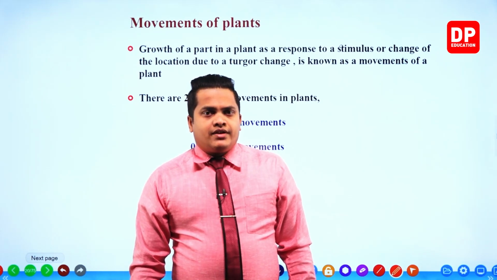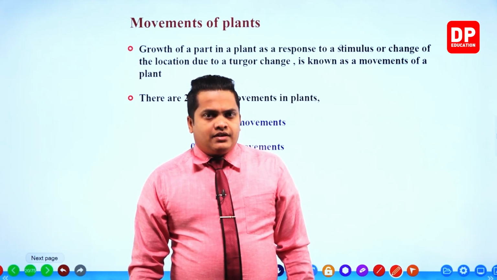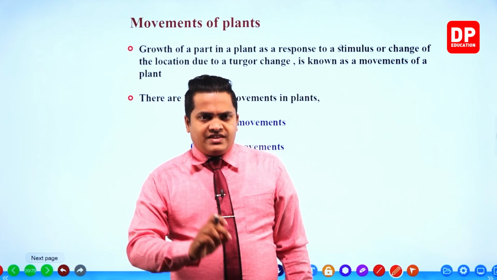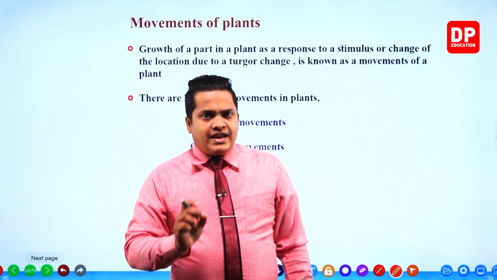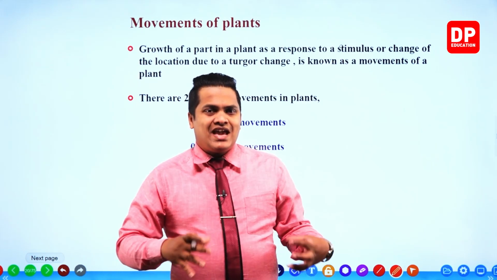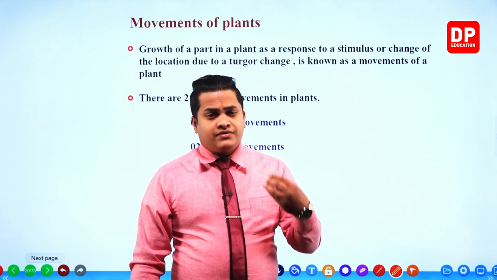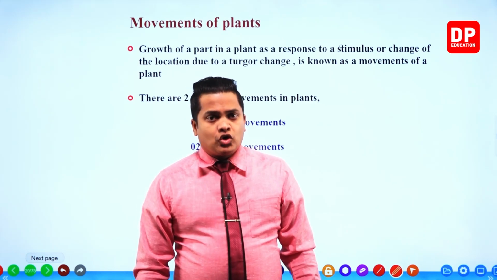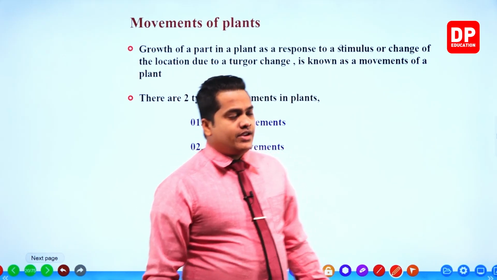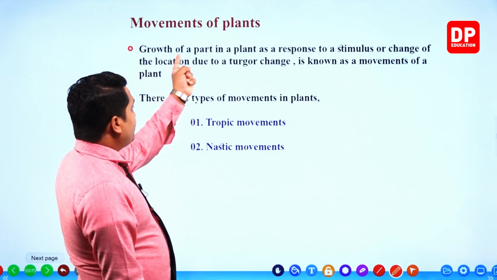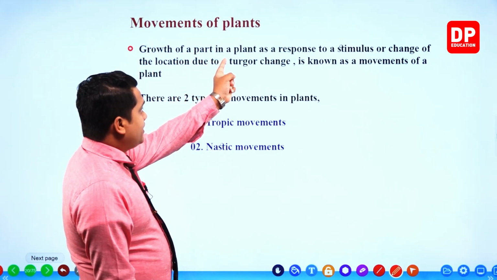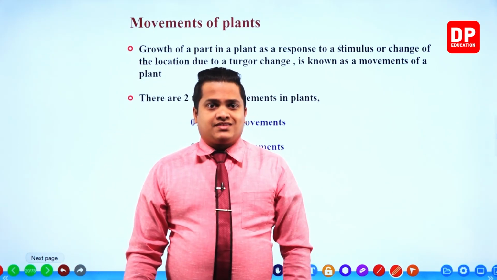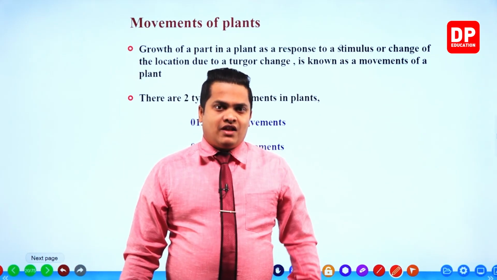So my dear children, here the growth movement, or the growth of the apex, mainly happened because of the growth substances. So here it is given, growth of a part in a plant. It can be the apex, stem, fruits, flowers, anything.